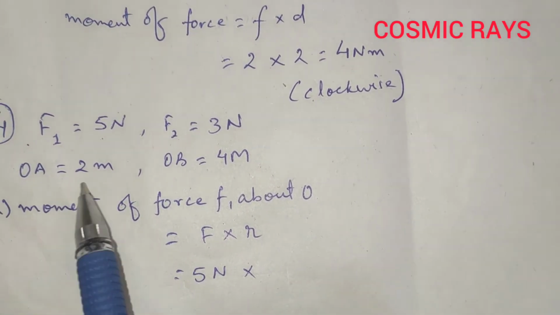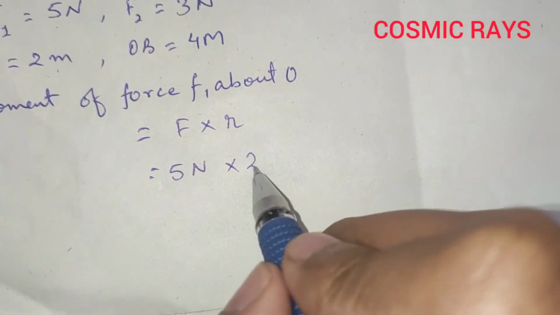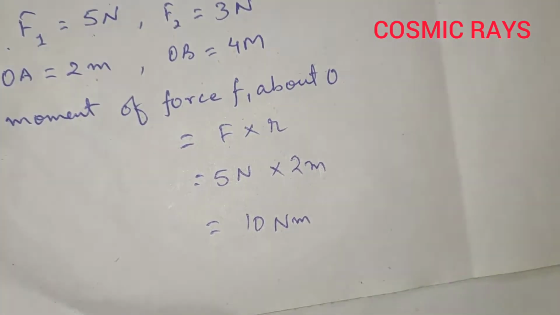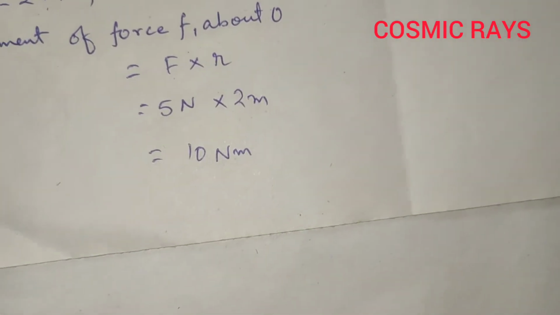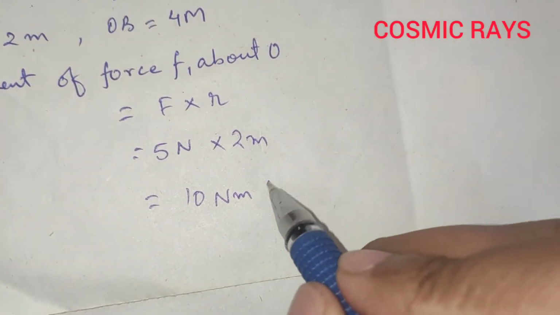Now the distance for F1 is OA, which you can see is 2 meter. So this will be 10 Newton meter, and this will be in anti-clockwise direction.